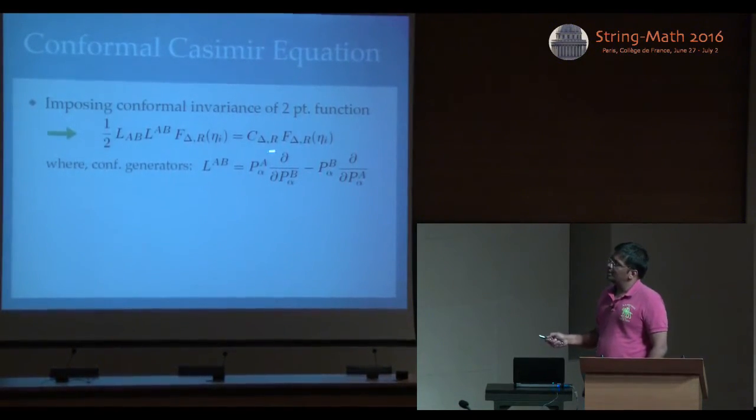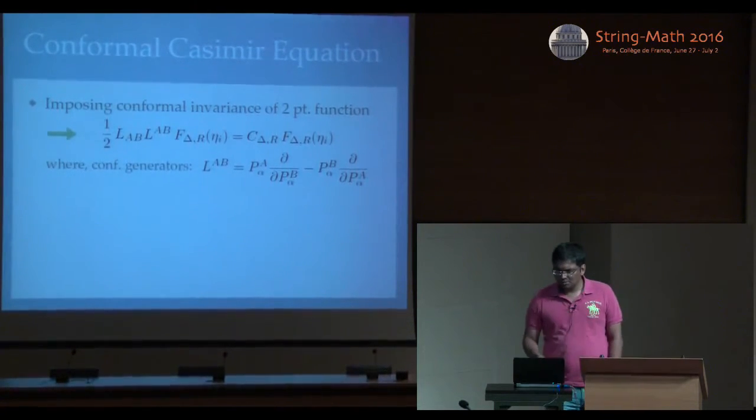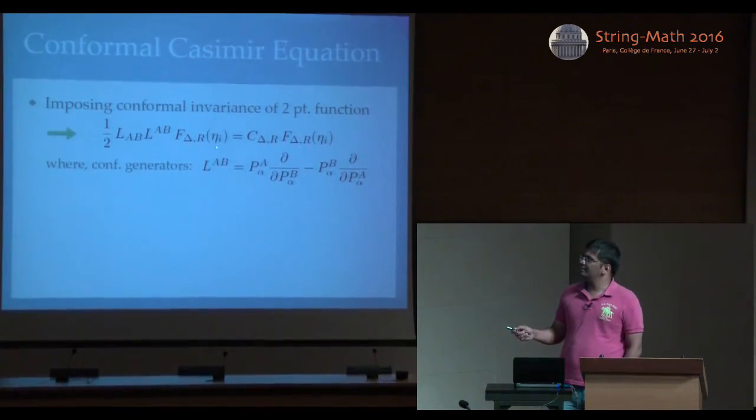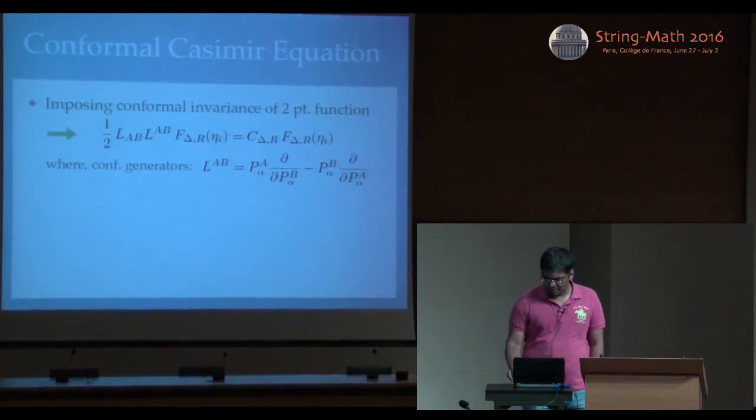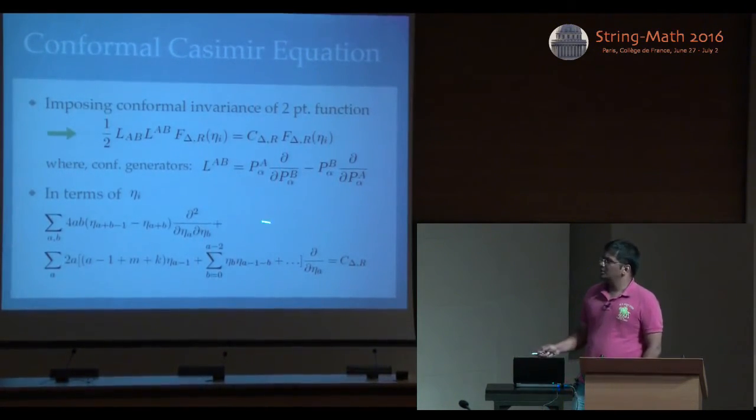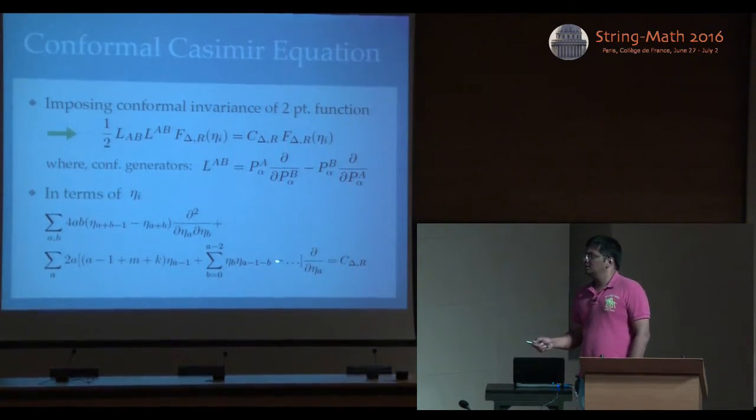In terms of P, they are given like so. But these functions are functions of eta I, so we need to change this into the equation for eta I. And the equation that we get finally looks like so.